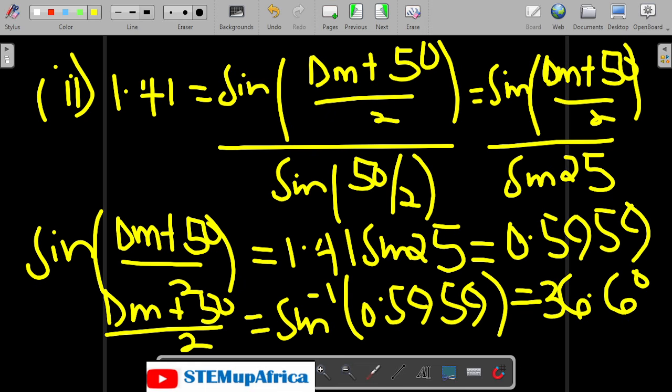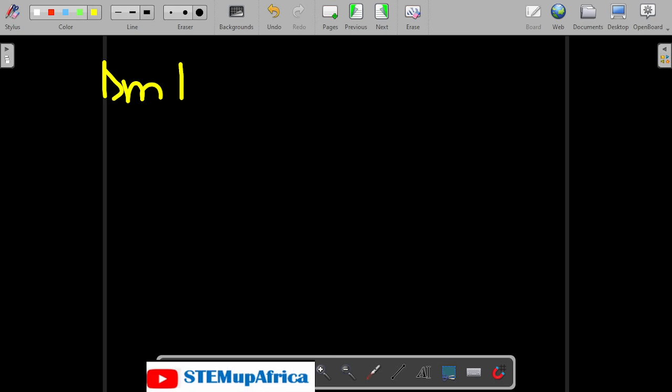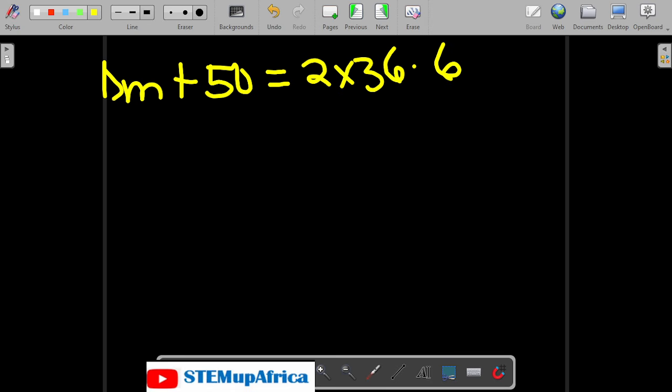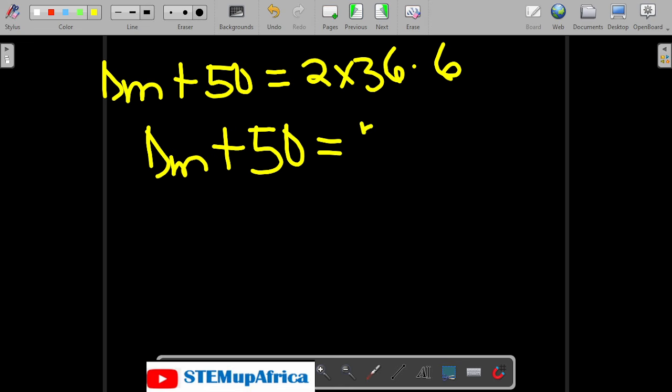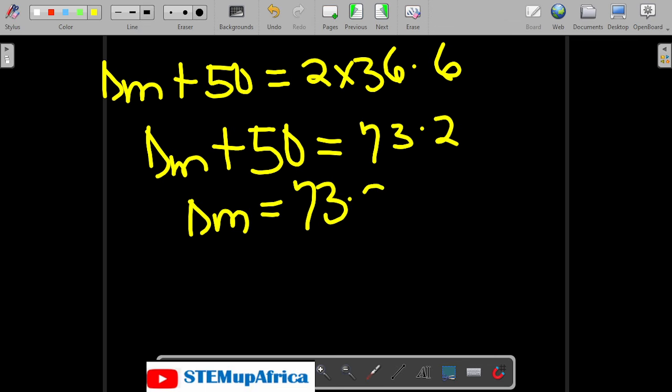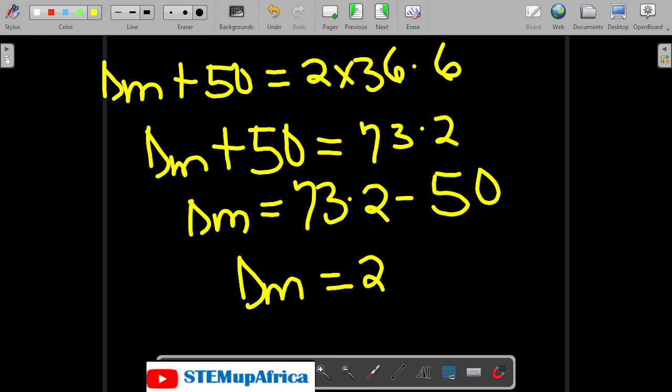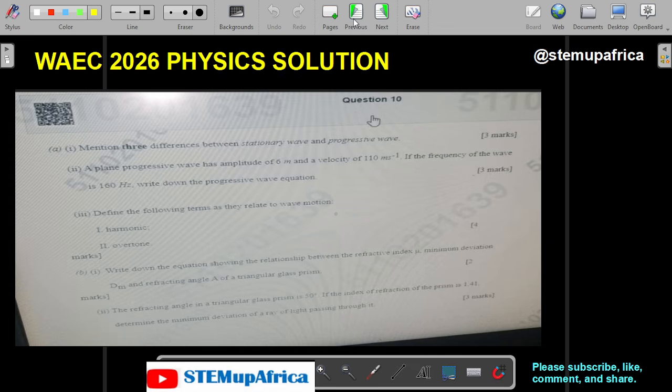So I can cross multiply: dm plus 50 equals 2 times 36.6, which is 73.2. So my dm is simply 73.2 minus 50, which gives us 23.2 degrees. That is the minimum deviation according to the question. So that is all for question 10.